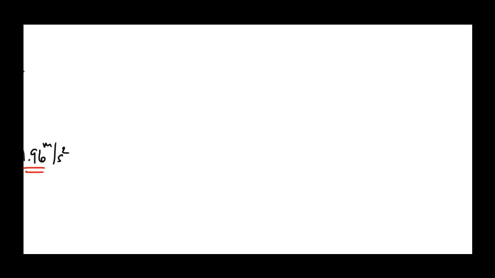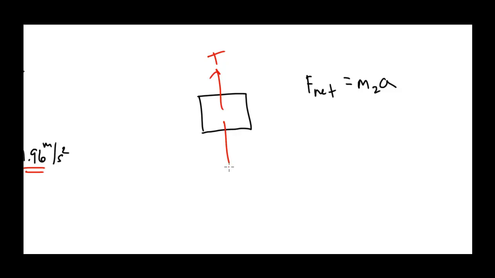If we'd instead looked at M2, then I would say the F net is M2A, and that is the result of these two forces, tension up and M2G down. But now I would say that this net force, M2A, is equal to M2G minus T. Right?